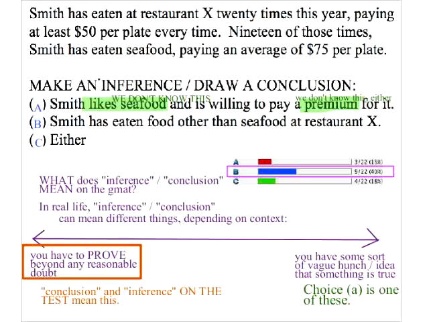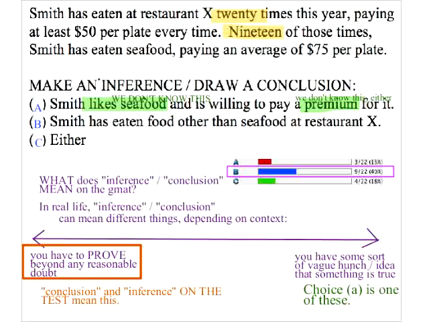So what's difficult about these for a lot of people is that they're not making this specific enough in their head. Like, what does the conclusion mean on this test? So you're looking for the left-hand side of the spectrum. Choice B is the left-hand side of the spectrum, because notice that Smith has eaten at this restaurant 20 times, and 19 of those were seafood. So 19 minus 20 is not 0.